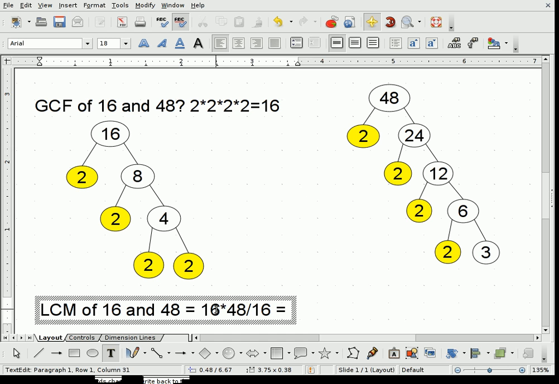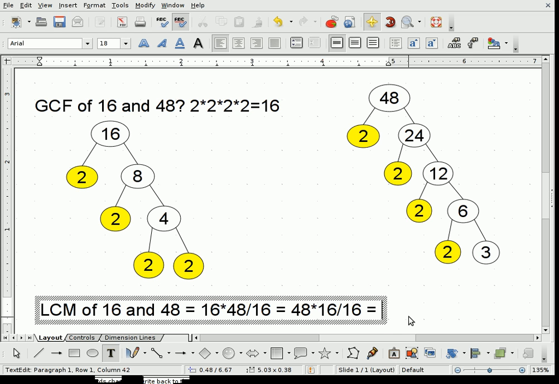Well, that's an easy one to figure out, because the first thing we can do is to say 16 times 48 is the same as 48 times 16. This is the commutative law of multiplication. We can switch the order without changing the result. And in this case, we can either perform the multiplication first, or we can perform the division first.